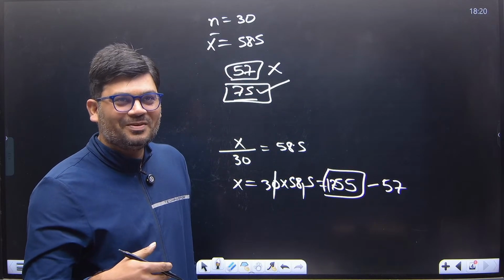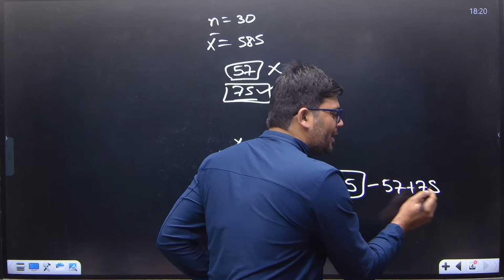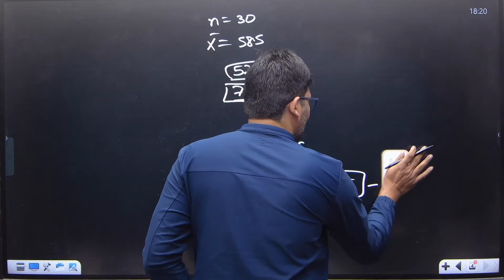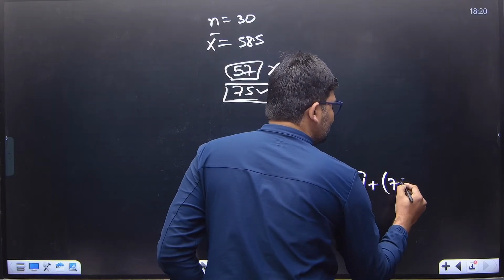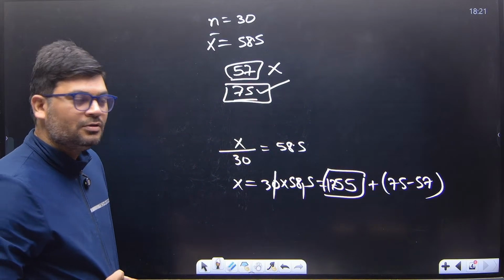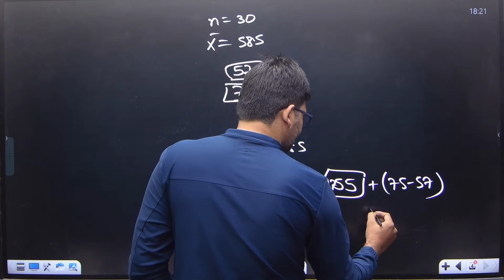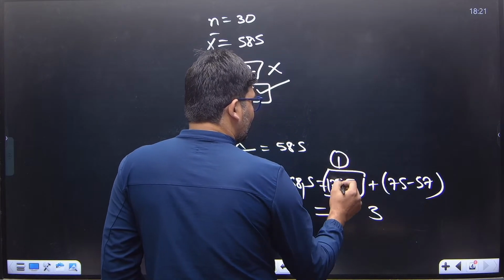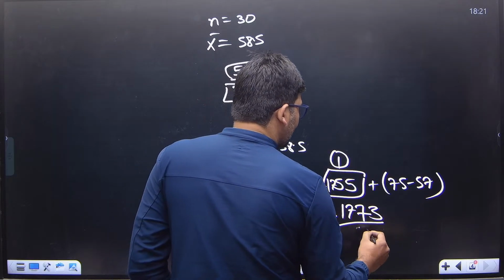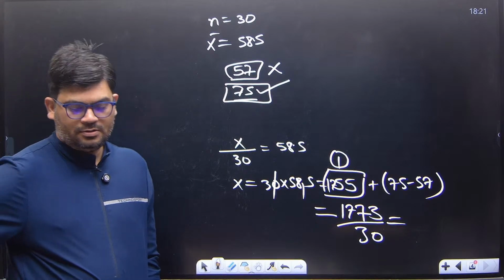So you can subtract 57 and add 75 to get back to the real original number, so you can directly add 18 to it. Means you are adding 75 minus 57. So how much will we get now? 5 plus 8 is 13, 5 plus 1, 6 plus 1, 7. So 1773 divided by 30. Check it out and find.